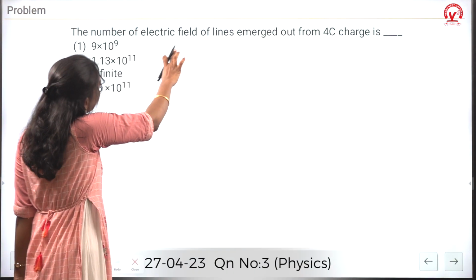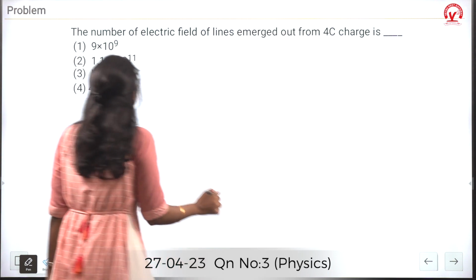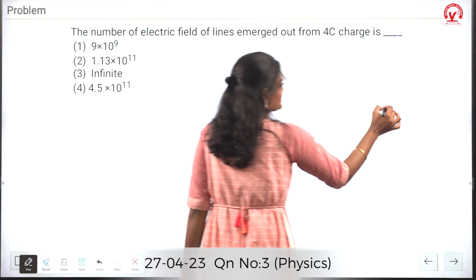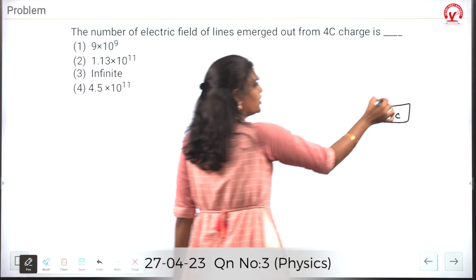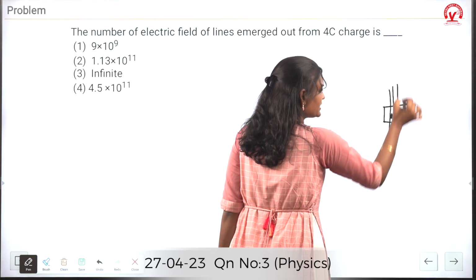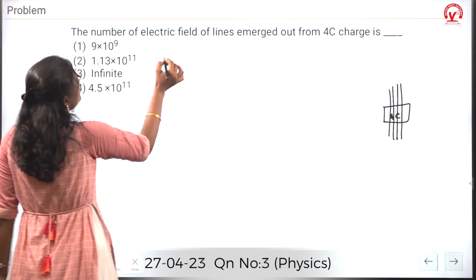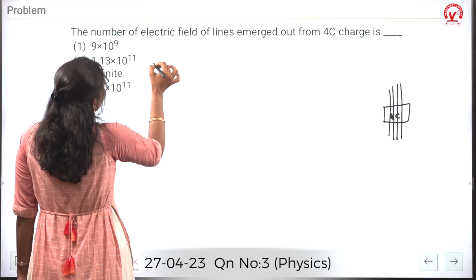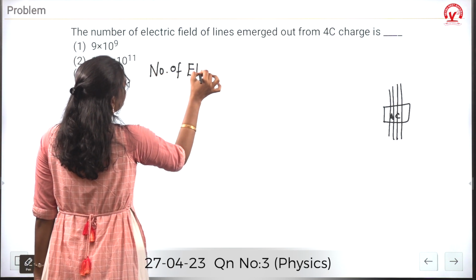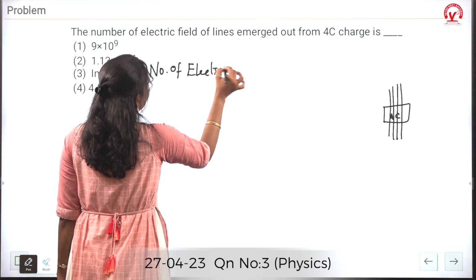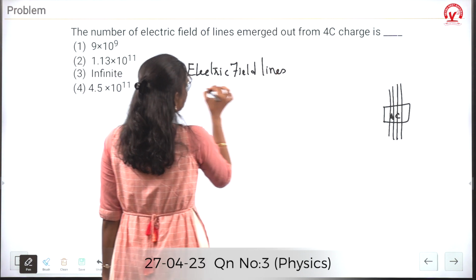Number of electric field lines emerging out from a 4 coulomb charge. Now this is a 4 coulomb charge. How many electric field lines are emerging from the material is what we want to calculate.